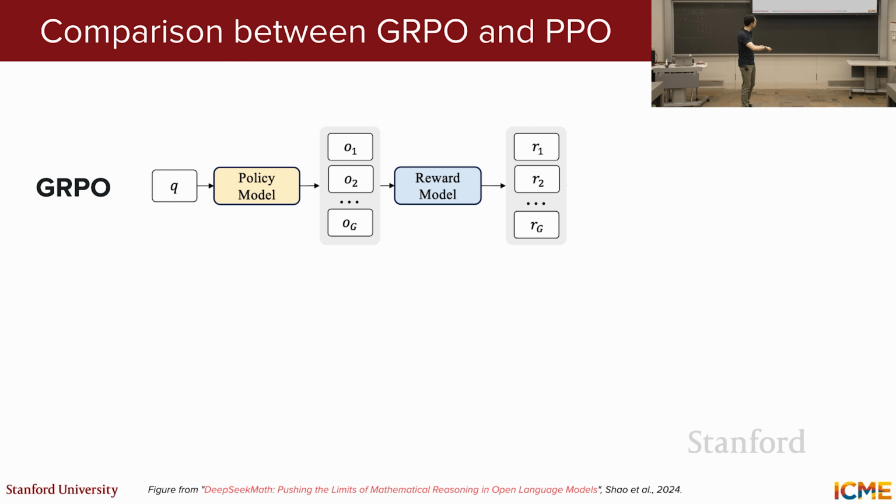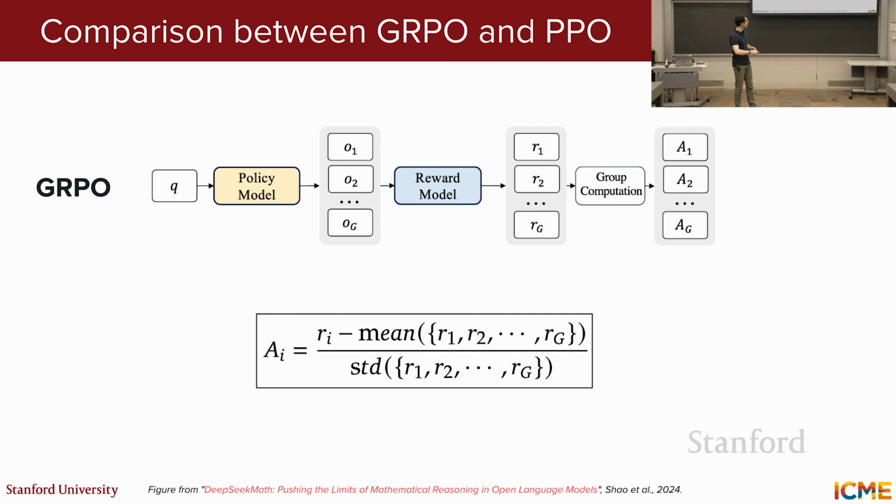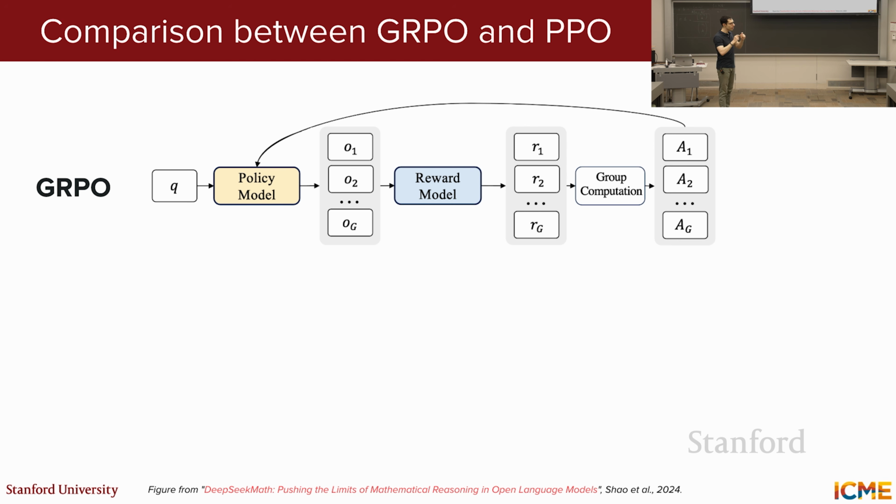What you want is to compute the advantage, which puts all these rewards into their context. We saw it was basically the reward minus the average, but it's actually not exactly that. It's the reward minus the average, over the standard deviation of those rewards. This is how they defined it. By the way, we will see that it may not be the best way to do it, but we'll see that in a second. And we use those advantages to then tune our policy model.